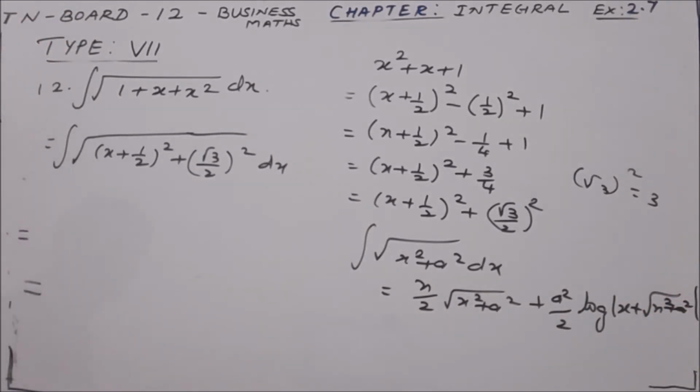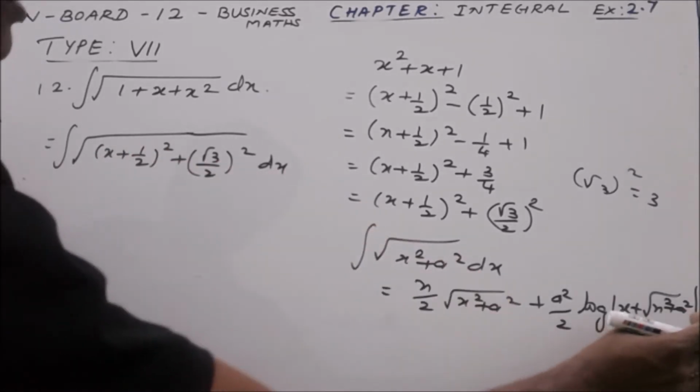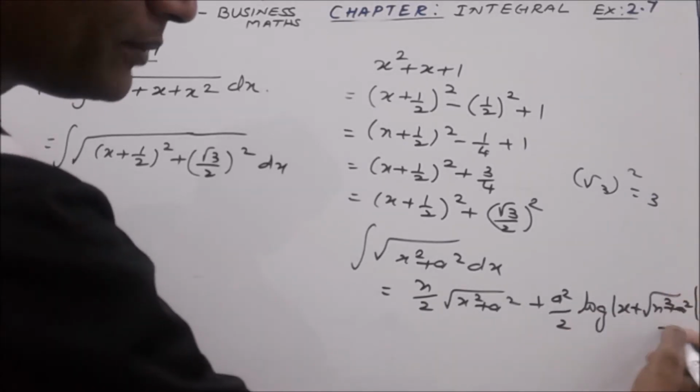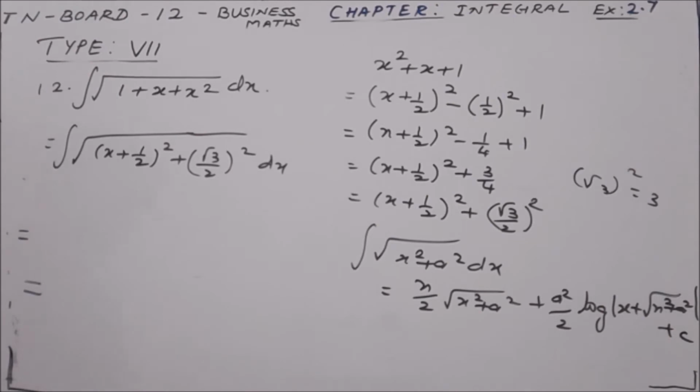Listen carefully here: x by 2 root of x square plus a square plus a square by 2 log of modulus of x plus root of x square plus a square plus c. So here is plus c, and plus c is the constant of integration.